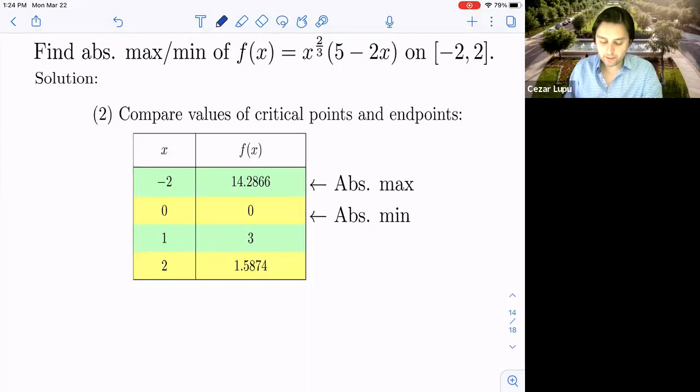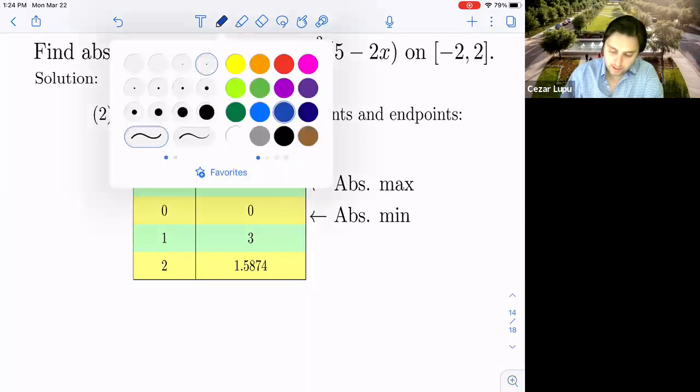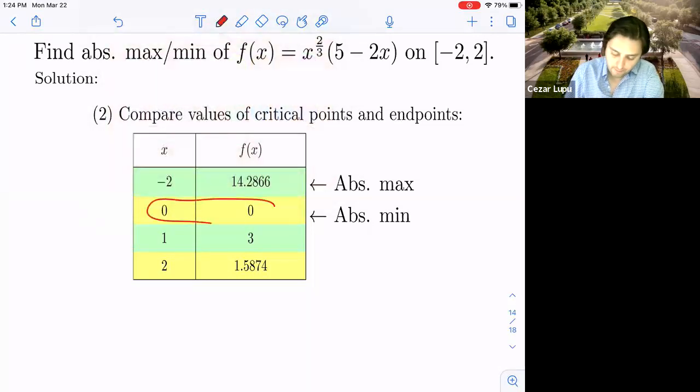Let's compare the values. f of -2 is 14.2866. At 0, f of 0 is 0, f of 1 is 3, and f of 2 is 1.5874.